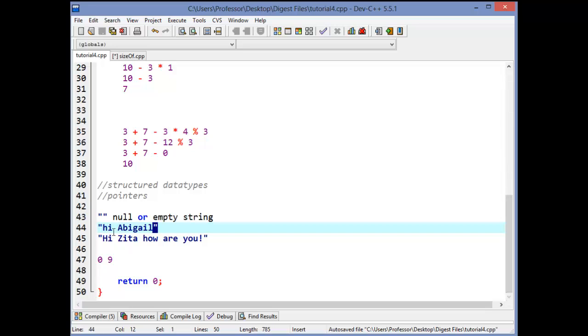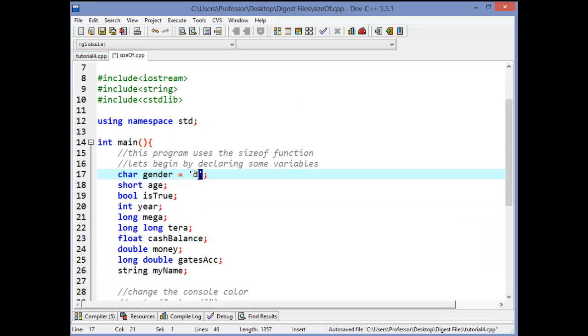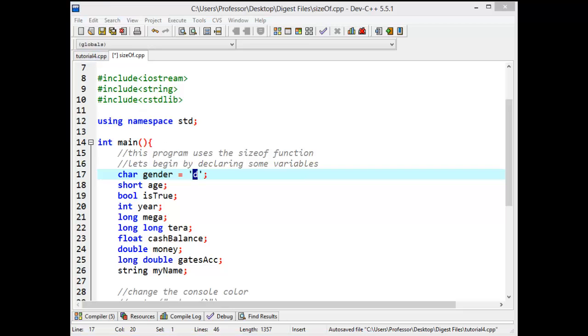Double quotes. And the only way to differentiate between a string and a char is that strings are put in double quotes and involve 0 or more characters, but a character is put in between single quotes, and it can take just one character at a time.